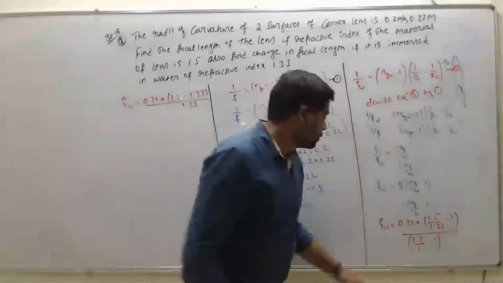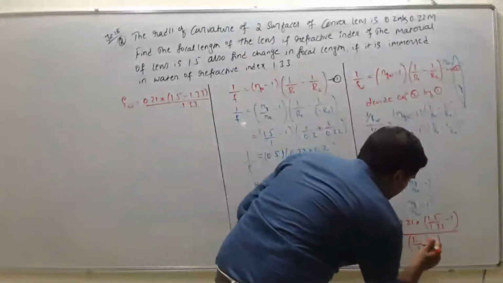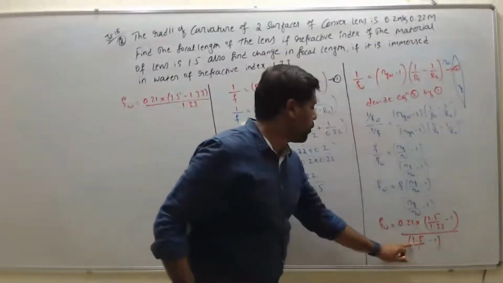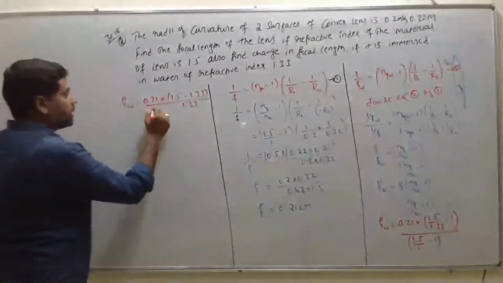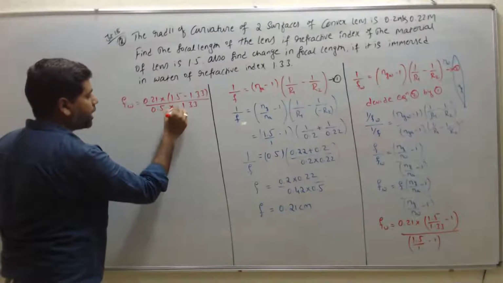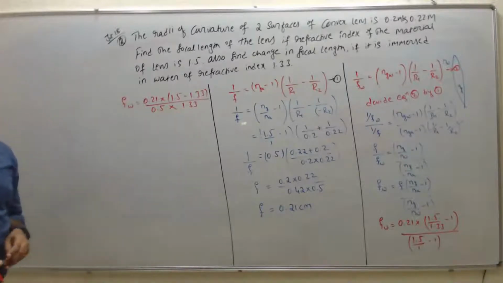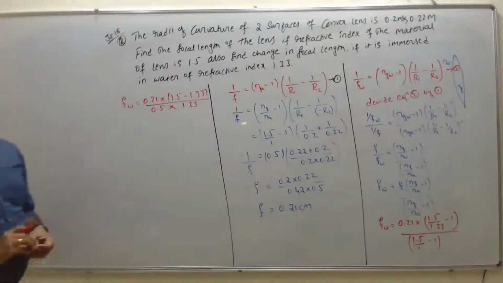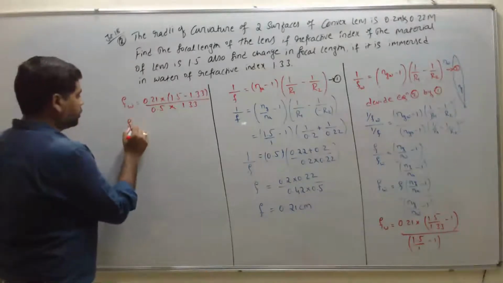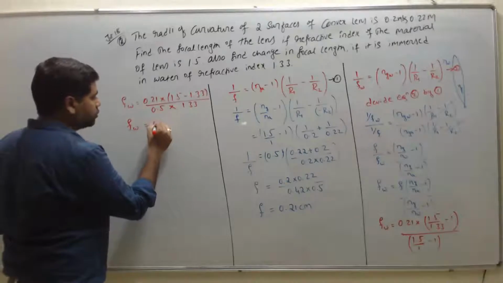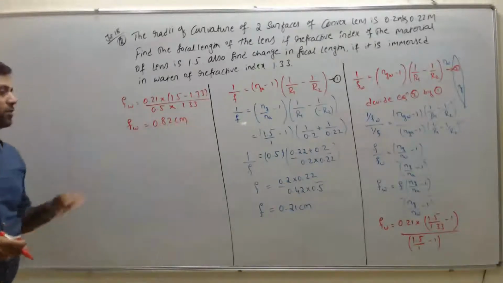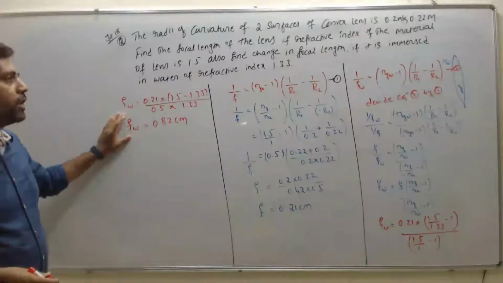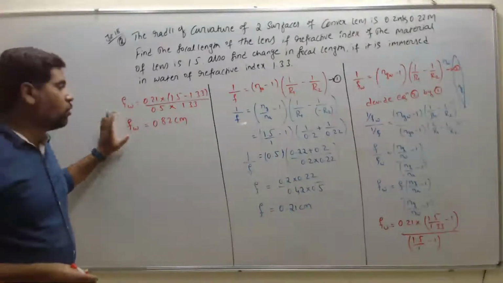So this one is glass, that is 1.5. 1.5 divided by 1 is 1.5 minus 1, that we can write as 0.5 into 1.33. So if we simplify, we get the value Fw equal to 0.82 centimeter. So this is the focal length of the convex lens when immersed in water.